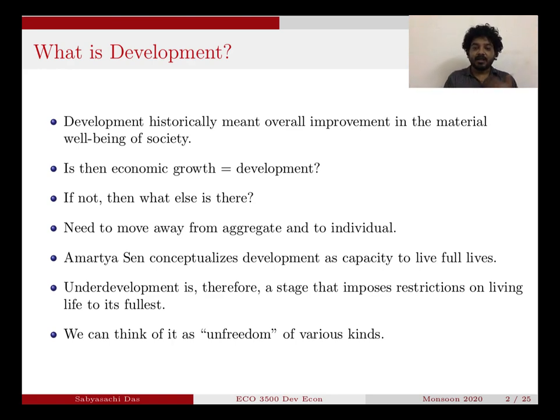Okay? So let me unpack this idea of unfreedom. Now, when I'm going to unpack the idea of unfreedom, always think in terms of whether or not income alone is going to unshackle me from this unfreedom. Okay? Is it the case that if I'm rich enough, I'm necessarily able to live a healthy and long life? Okay?